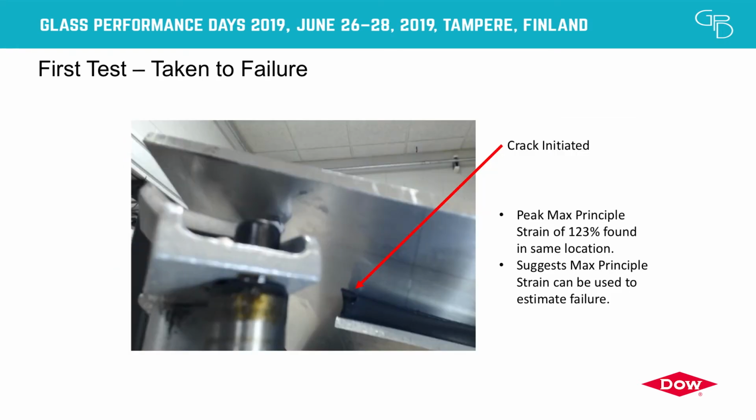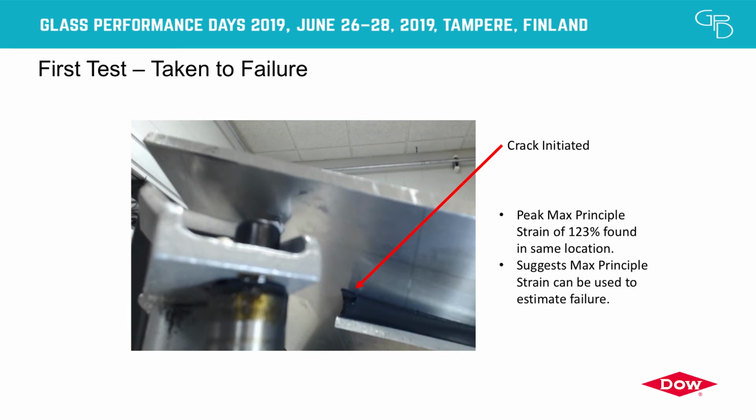So the first test that we did is we just started deforming the plate, and we wanted to see at what point we are going to get kind of spontaneous failure. And what we found is after X amount of extension, we saw a crack here initiate. And what's interesting is that in the FE analysis, where this crack initiates is actually where we found the highest peak max principal stress.